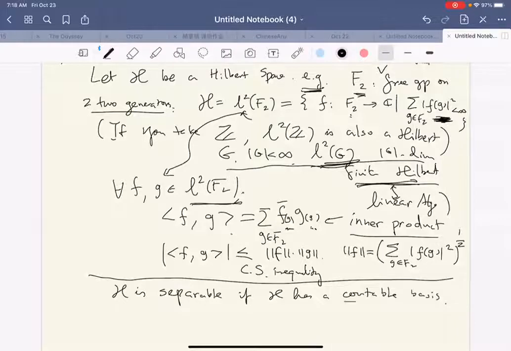Basis means that elements can be expressed as a linear combination, but let's not go much into that. Most of the time we are dealing with separable Hilbert spaces. There are exceptional cases, but from my experience, all of them are more or less related to logic, when you go to the continuum and that kind of thing. That's really not the focus of these lectures. Are there any more questions on Hilbert space?